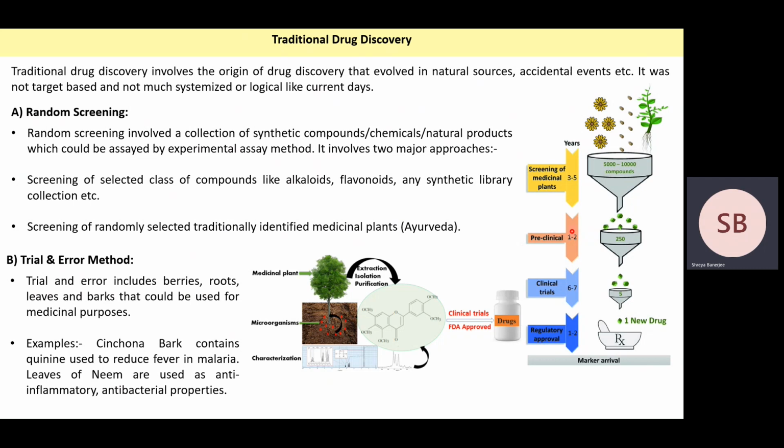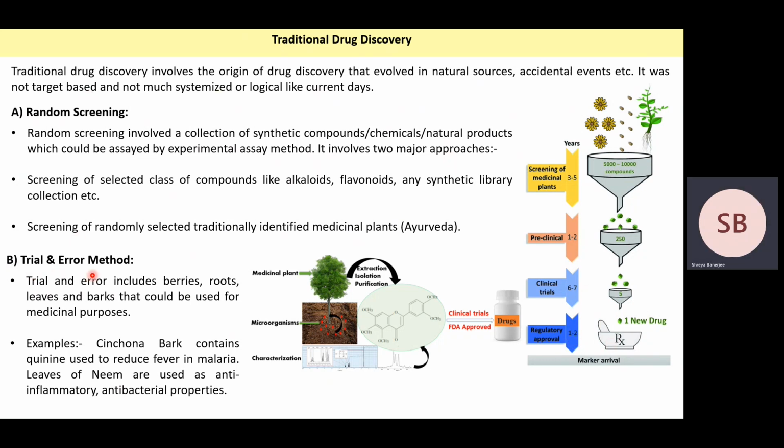This takes 1 to 2 years, and then 5 compounds remain for clinical trials, which takes 6 to 7 years. Finally, one new drug is obtained, which is the best in terms of both activity and efficiency, and also non-toxicity and pharmacokinetics. And the approval of this new drug by the FDA takes 1 to 2 years.